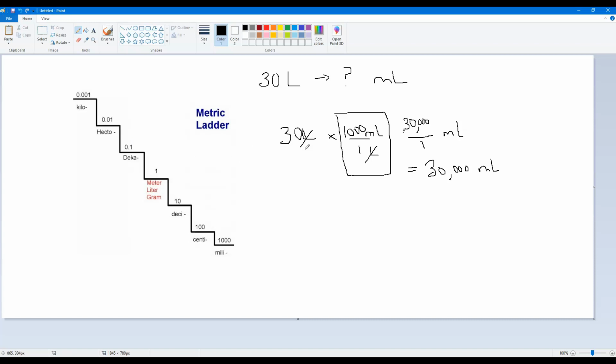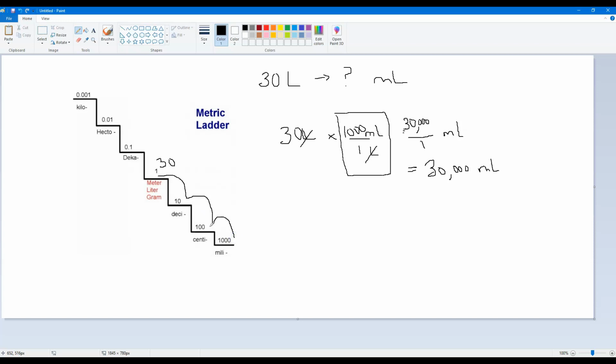Now, another thing you can do, instead of setting up the conversion factor, is say, okay, I have 30 liters, so I'm going to find where that liter is on the ladder, and that's here. So you put 30 here, and I'm trying to get to milliliters, so that's a jump of 1, 2, 3 decimal places.